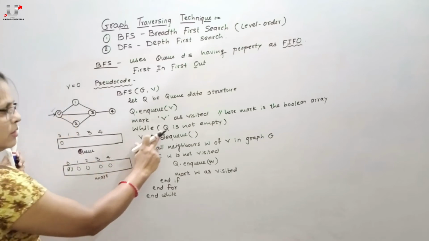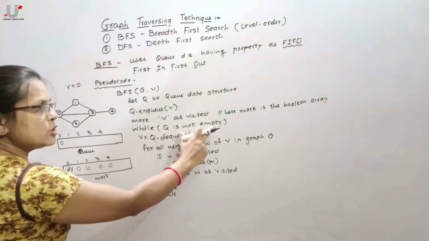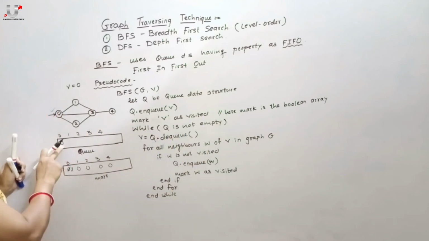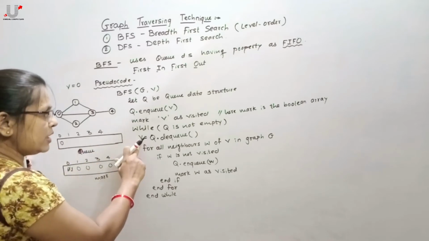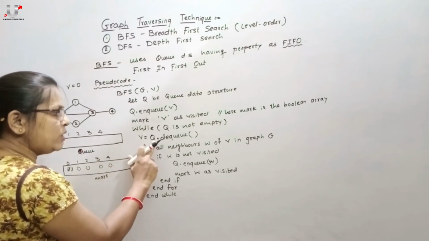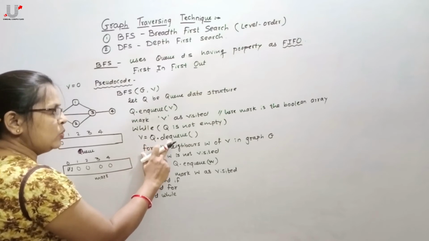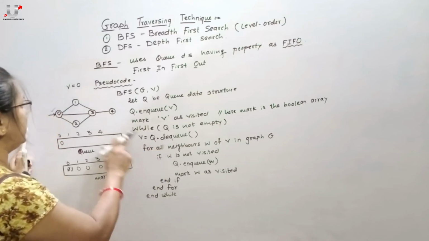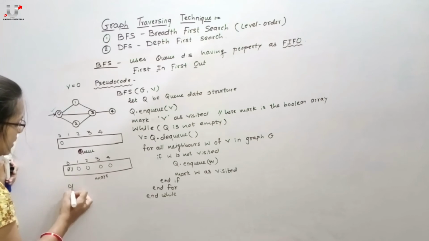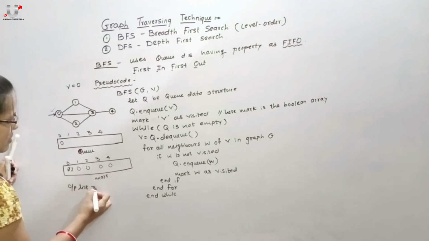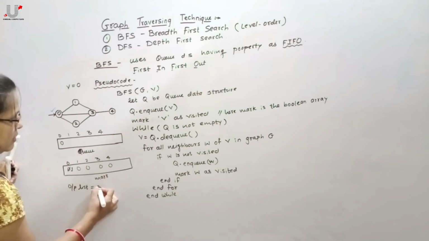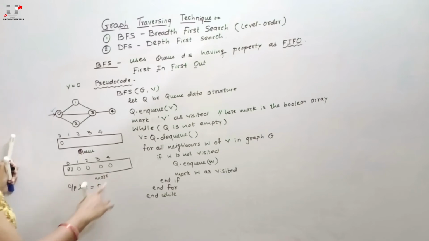Then while Q is not empty: as 0 is present in the Q, the Q is not empty. So remove the element from Q and assign it to V. In the output list, 0 is displayed.